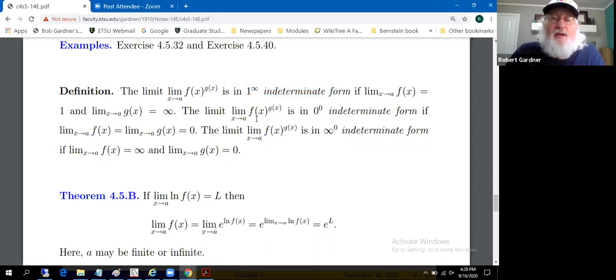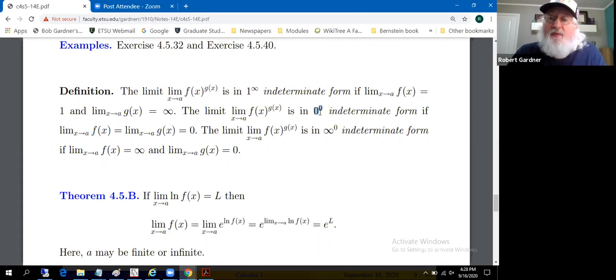If we had both the f function and the g function having limits of 0, this would be said to be of the 0 to the 0 indeterminate form. What is 0 to the 0? Well, that's another one of them forbidden algebraic manipulations. Anything to the 0 power is the thing divided by itself, and you can't divide by 0. So that's why this is not a legitimate algebraic manipulation.